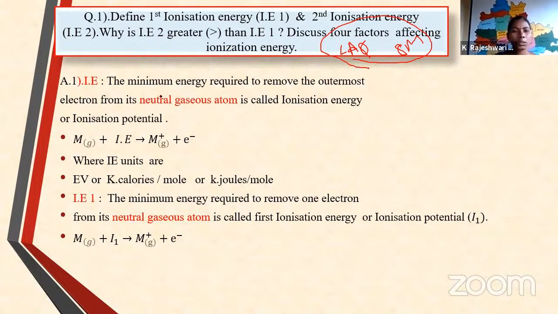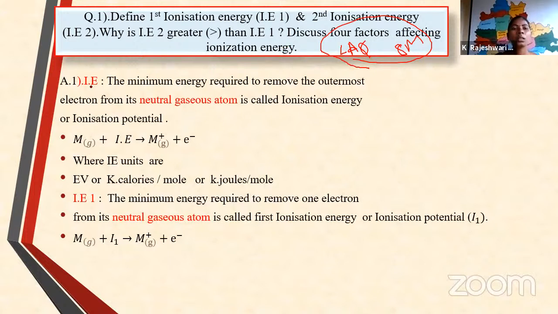Already in periodic properties of the periodic table, we have studied this. There we studied only the definition and its variation. But here we have to study in detail its first ionization energy, second ionization energy, and the factors affecting ionization energy.